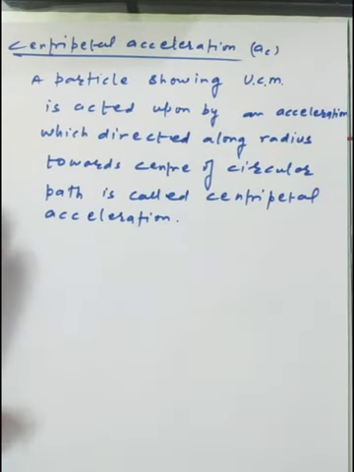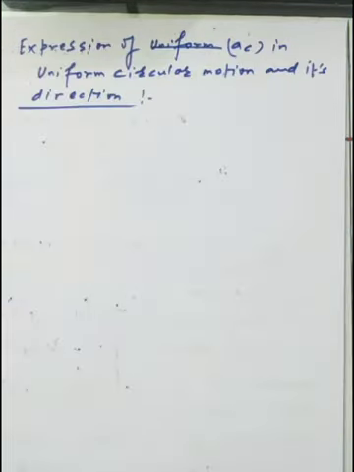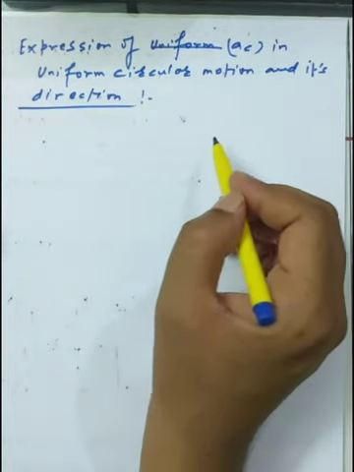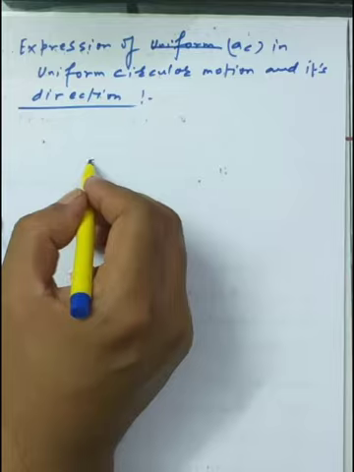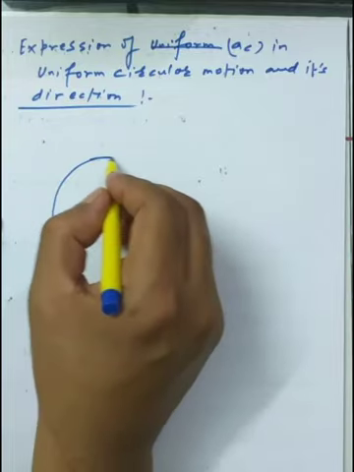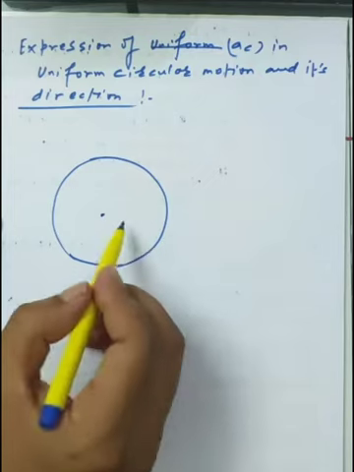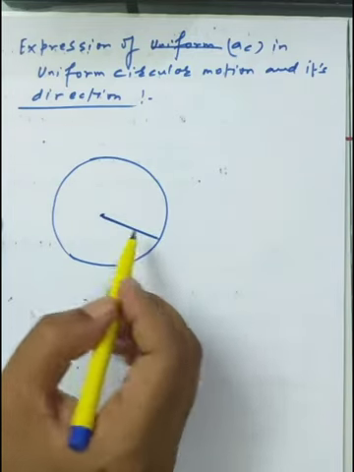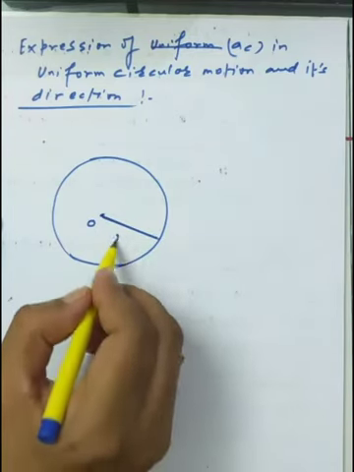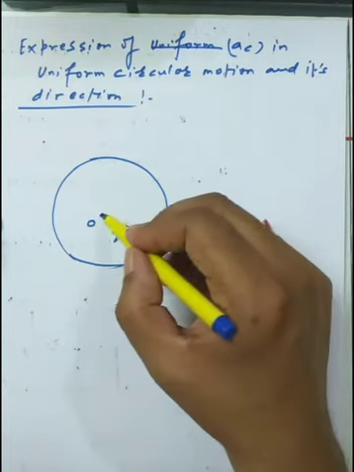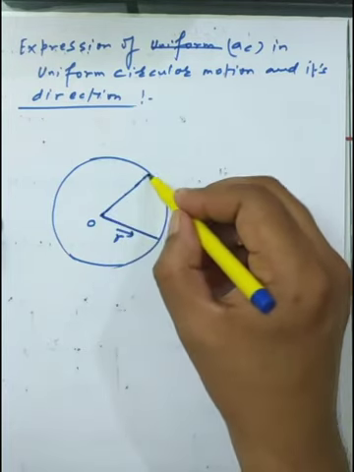So now we will discuss the formula. For the expression, we are assuming the particle is moving on a circular path. This is the center O, and this is the radius vector, called the r vector, and the particle is reaching another point.